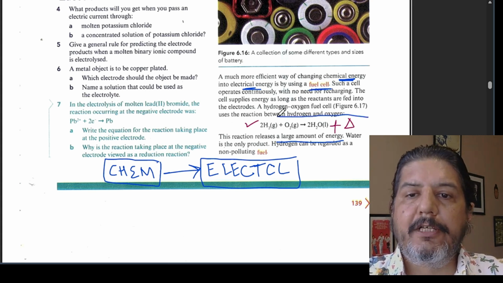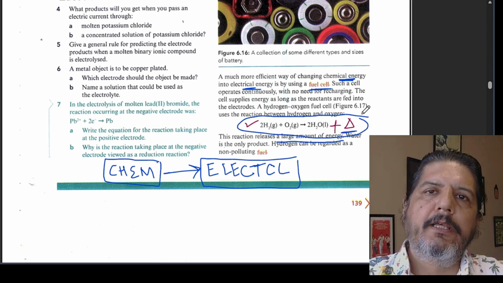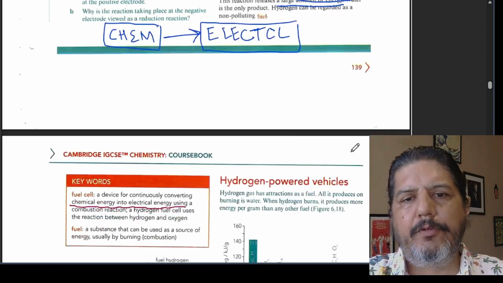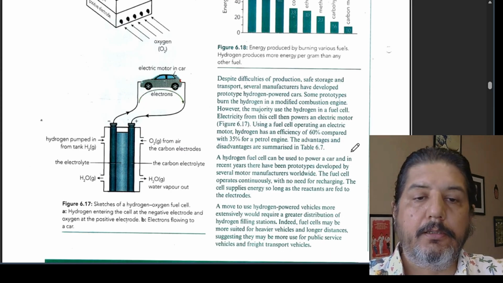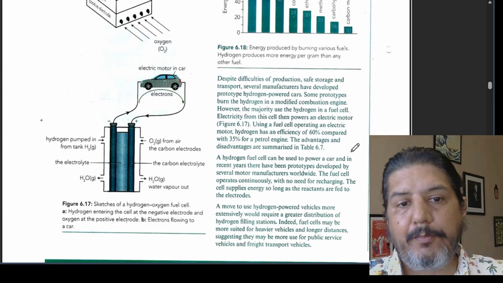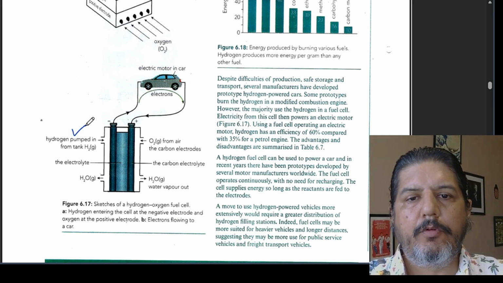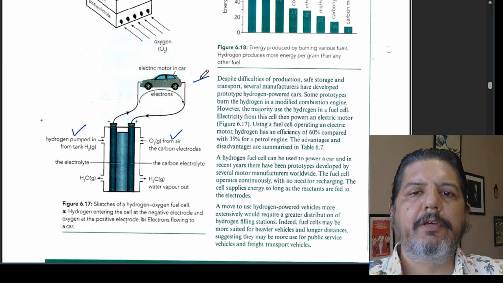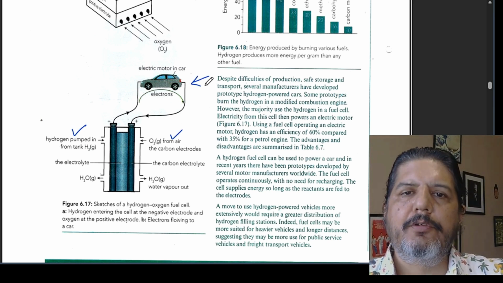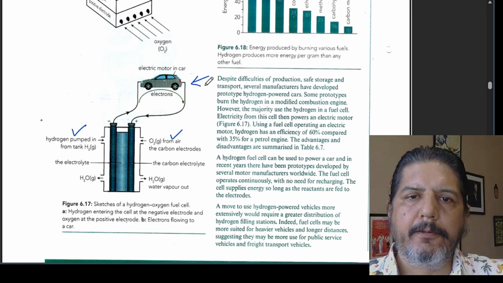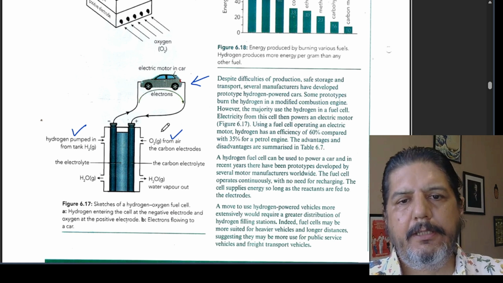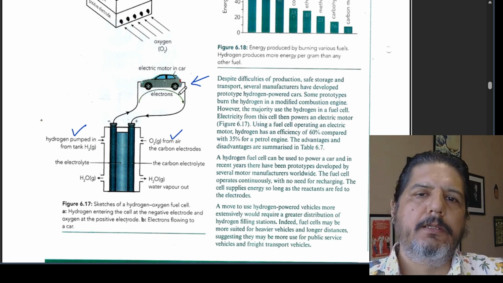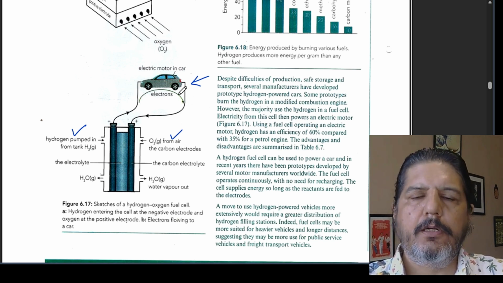This is a reaction which takes place: H2 plus O2 gives H2O plus energy. We get energy from this reaction. This is the setup which is shown in your textbook. They have shown the example of a hydrogen fuel based car. Hydrogen is pumped in from the tank, oxygen from the air, and the electrical energy drives the car.